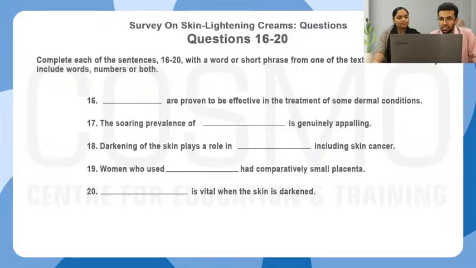Question number 18. Darkening of the skin plays a role in dash, including skin cancer. Here also synonyms are coming into play.